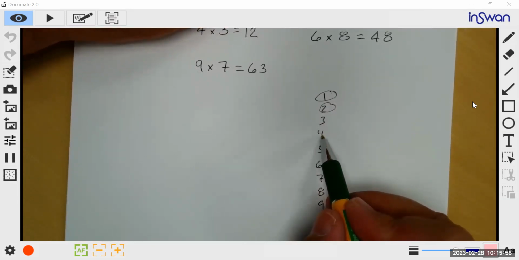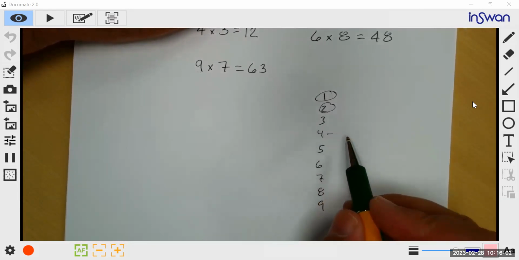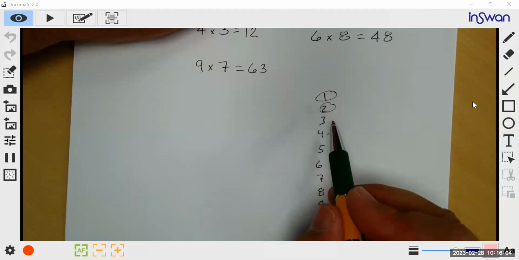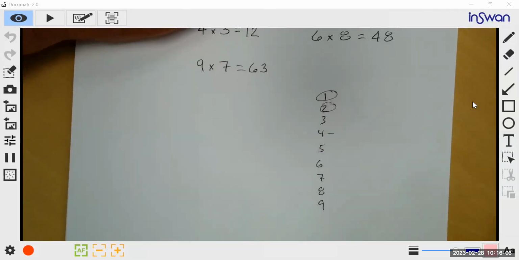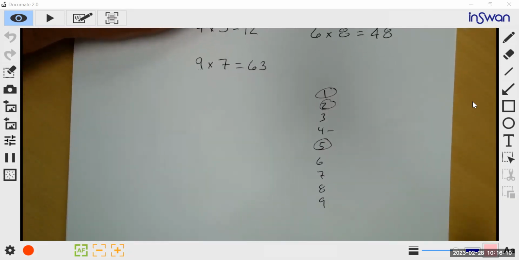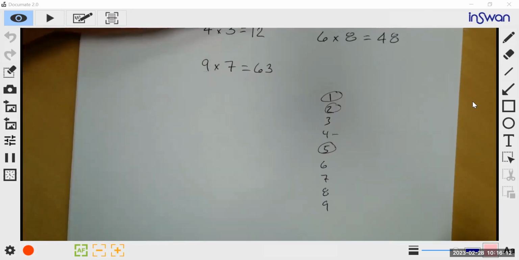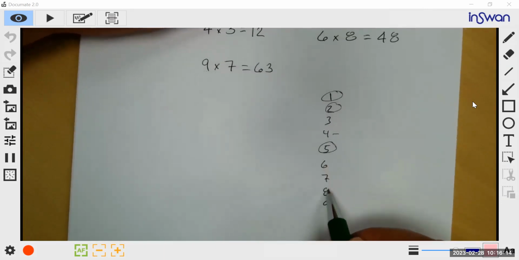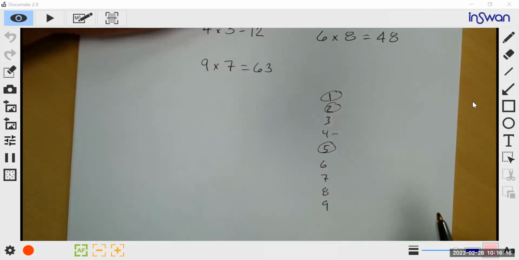How about 4? 4 is pretty easy because you multiply times 2 and then 2 again. How about 5s? Those are pretty straightforward. 5, 10, 15, 20. 6, 7, and 8, people have trouble with. 9, now you figure out it's easy. So practically half of your numbers are gone for the multiplication table.